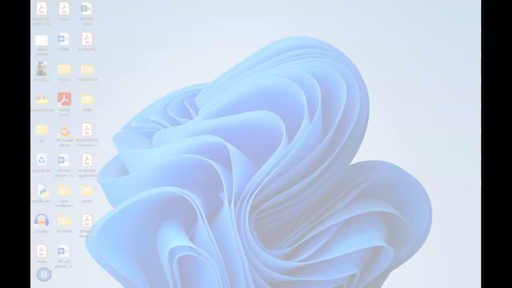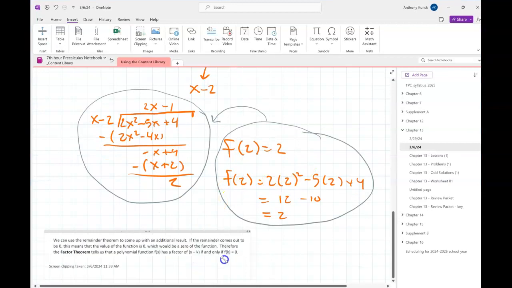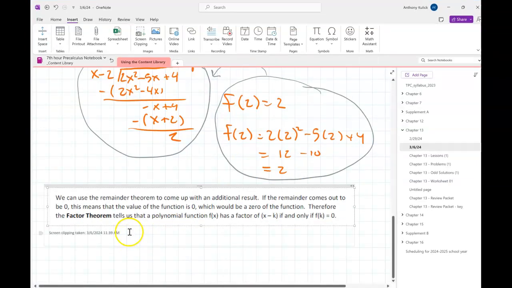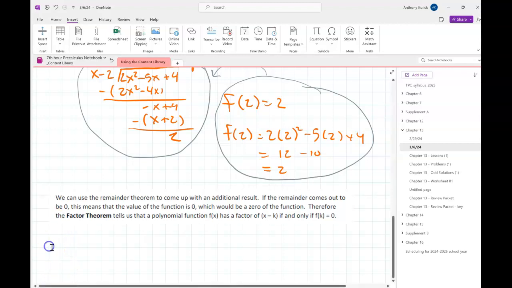Because if we get a remainder 0, it means that divisor, the x minus k in this case, is a factor, right? So the factor theorem just tells us, hey, if f of k is equal to 0, then x minus k is a factor. Big surprise, right? Let's just do an example to show that.